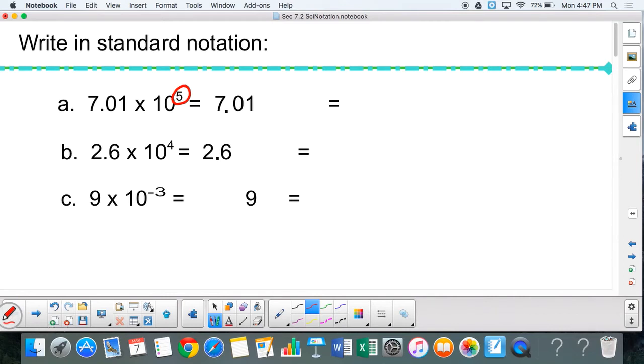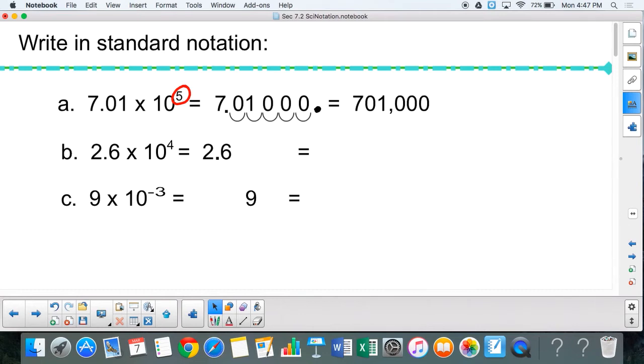So here we're timesing it by 10 5 times, which means my decimal is going to move over 5 times. So my decimal will now be there. I fill in these extra spaces with zeros. So my final answer is 701,000.